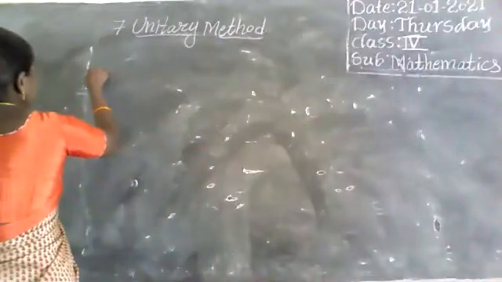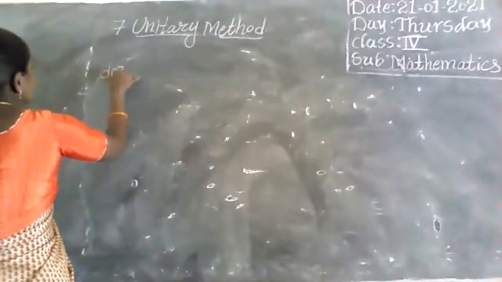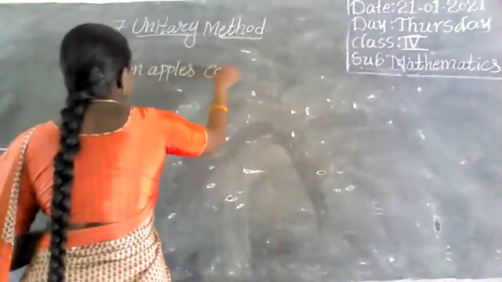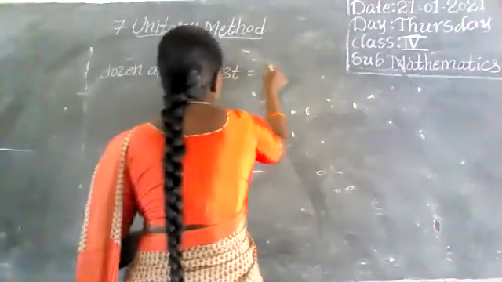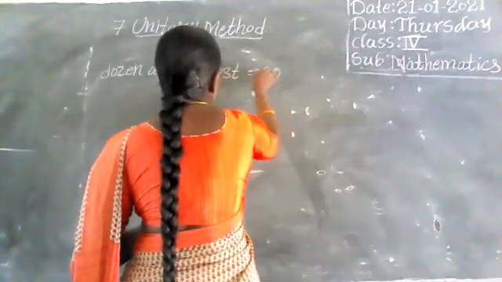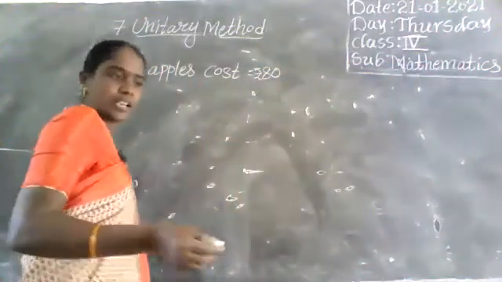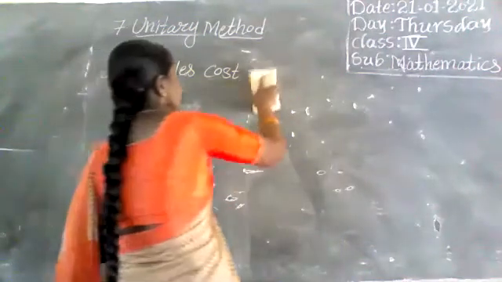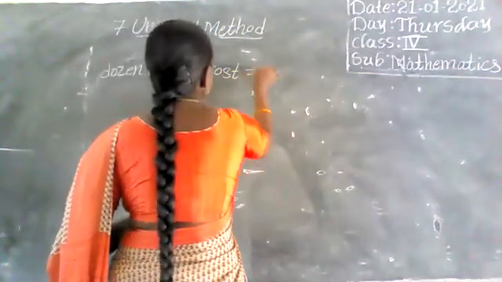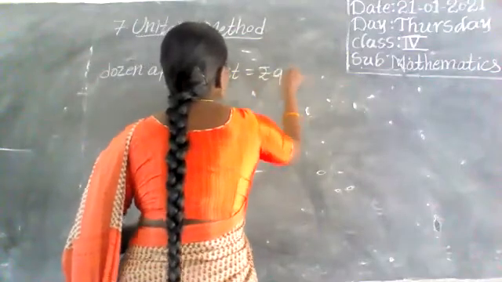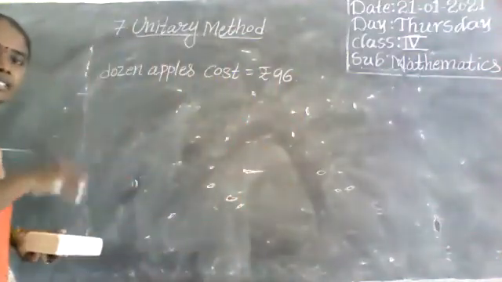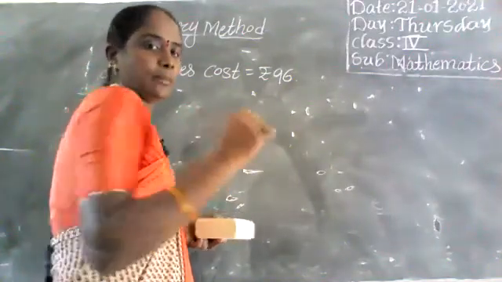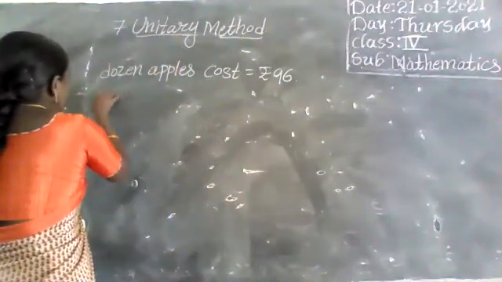For example, a dozen apples cost 96 rupees. Then we want to buy only 4 apples. What is the cost of 4 apples?